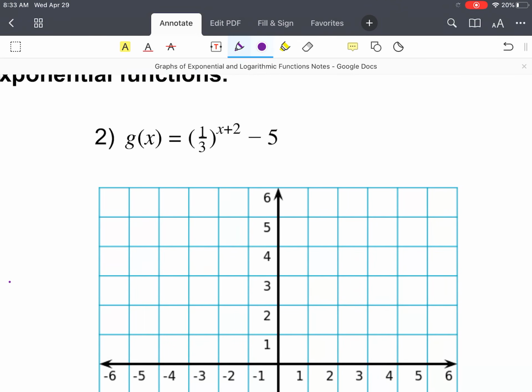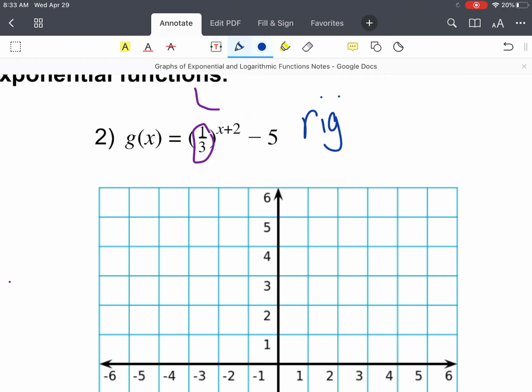All right. Let's look at example number 2. So here I've got 1/3 to the x plus 2 minus 5. Okay. So that 1/3 as my base means that I will be going downward instead of going upward.